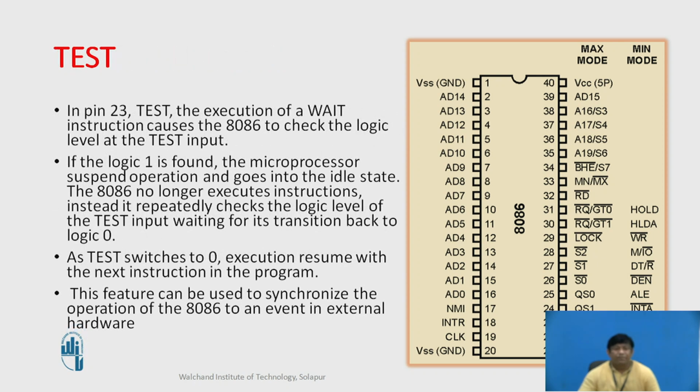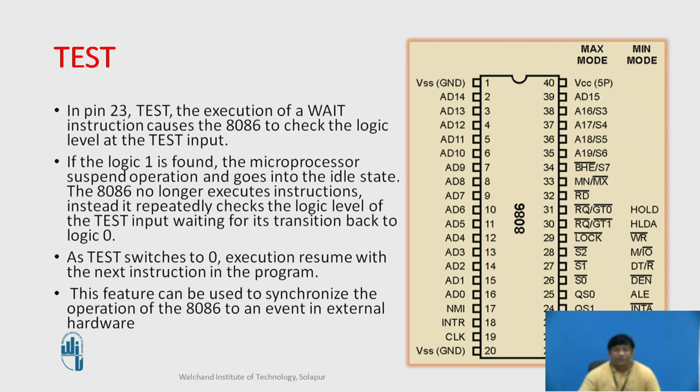In pin 23, there is TEST. The execution of a WAIT instruction causes the 8086 to check the logic level at the TEST input. If logic 1 is found, the microprocessor suspends operation and goes into the idle state. As TEST switches to 0, execution resumes with the next instruction in the program.